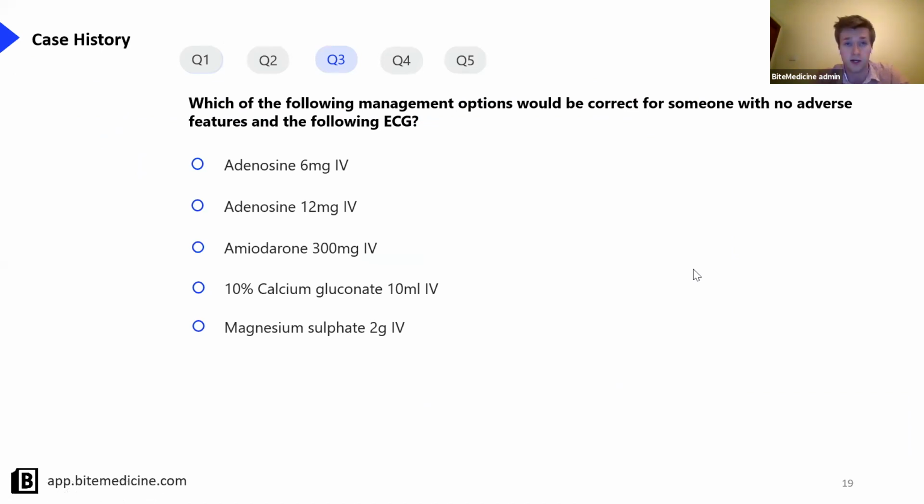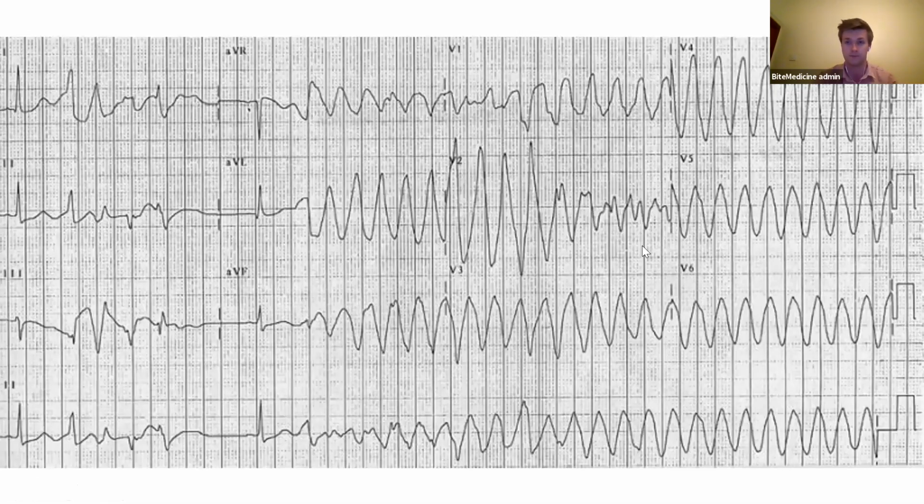Our options are adenosine 6 milligrams IV, adenosine 12 milligrams IV, amiodarone 300 milligrams IV, 10% calcium gluconate 10 mil IV, or MagSulf 2 grams IV. And the ECG you're given is here.